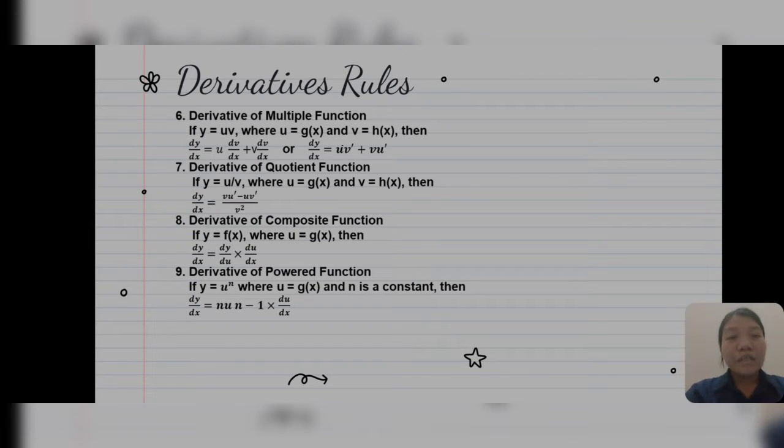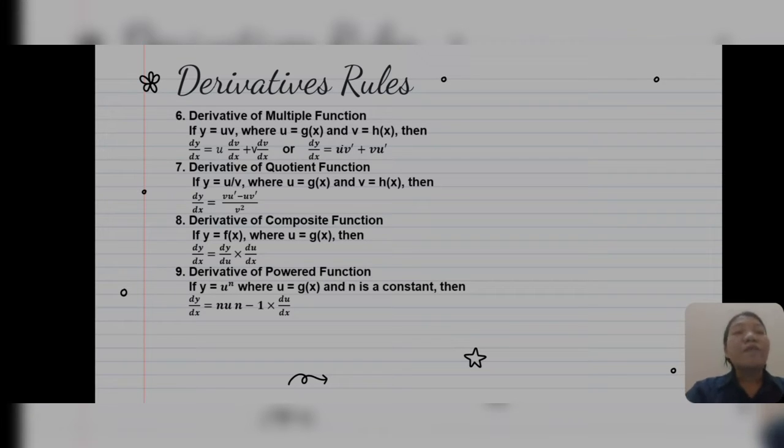The eighth one is the derivative of a composite function. Here if y equals f(u), where u equals g(x), then the formula is delta y per delta x equals delta y per delta u times delta u per delta x. And the last one is the derivative of a powered function.